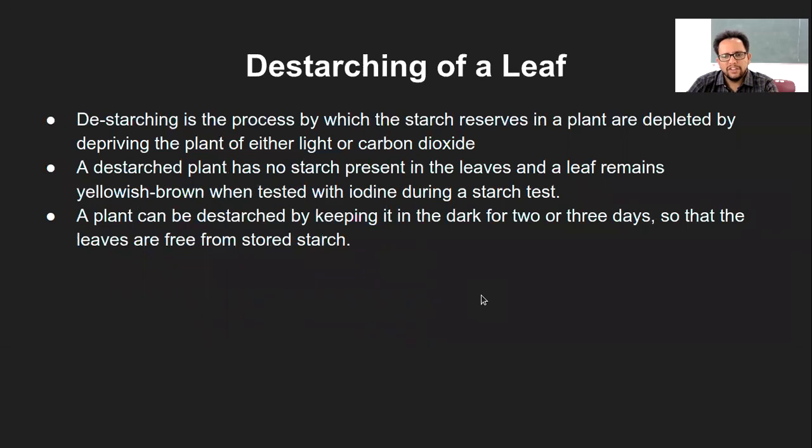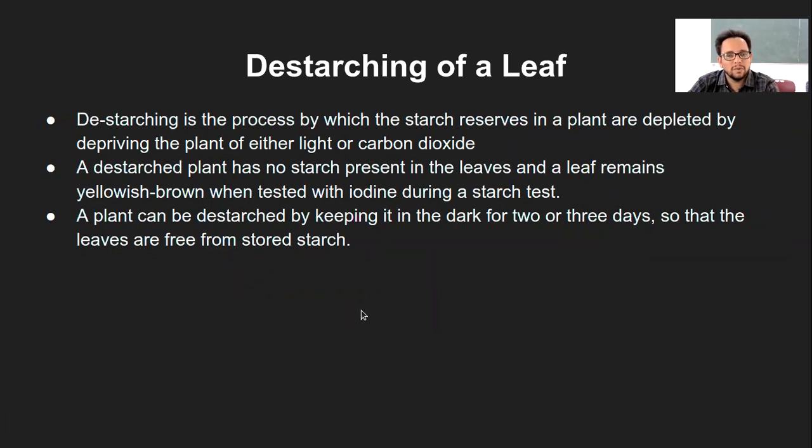Okay, this de-starching process I have already explained, I don't need to redo it. The simplest thing you need to remember is why de-starching is required. If we are doing an experiment which is talking about the survival of the leaf or the plant, it is totally dependent on photosynthesis. Now the plant has a storage of starch.